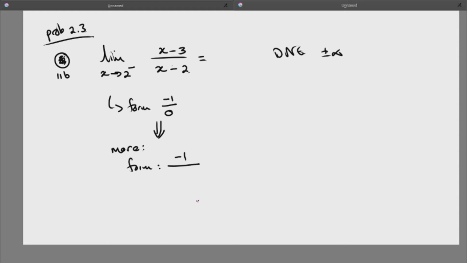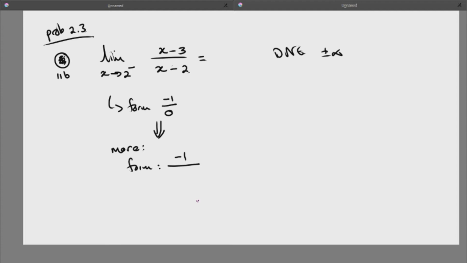Remember, it never gets to 2. It's like 1.9, 1.99, and so on. Always a little less. So x minus 2, I don't want to say just 0. I want to say, is it a little positive or a little negative? It's never actually 0. It's just very close.